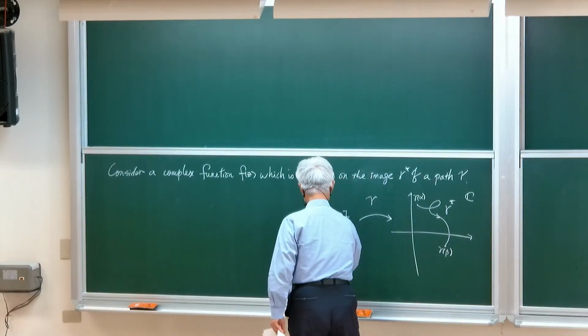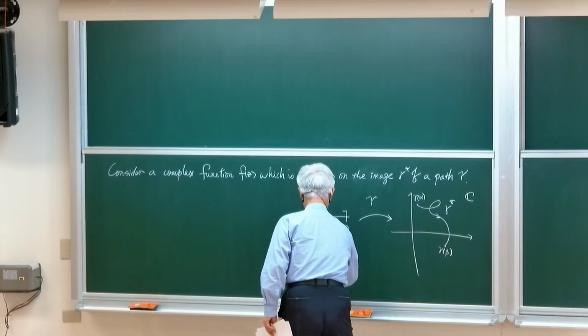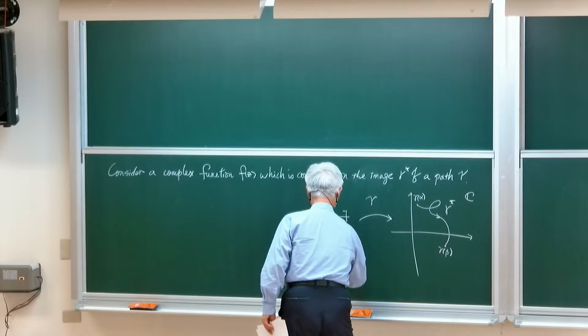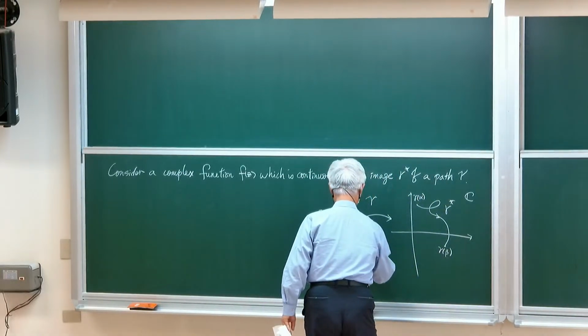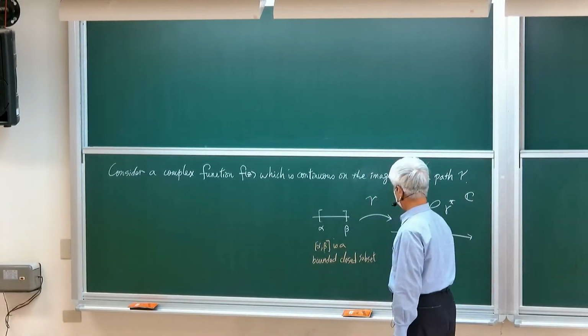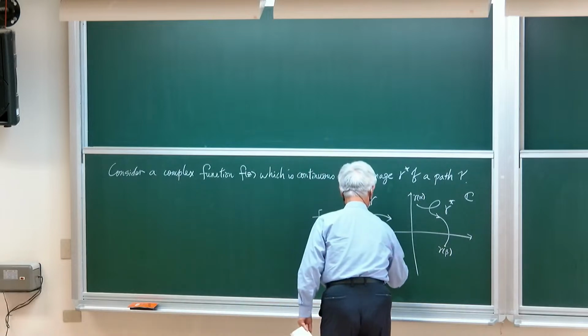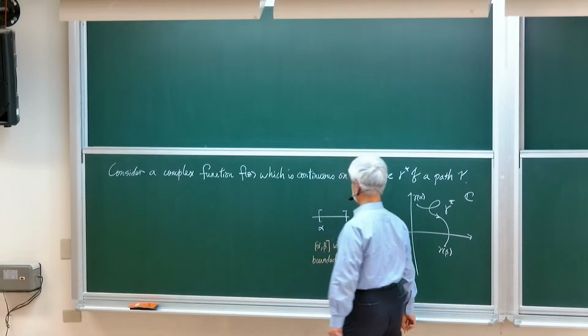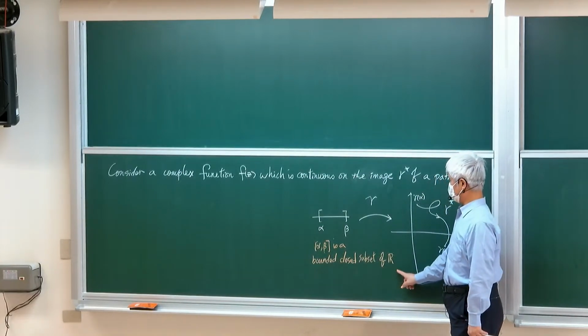Now this interval alpha beta is bounded and closed. All right, so it's a bounded closed subset of R, and R is one-dimensional Euclidean space.